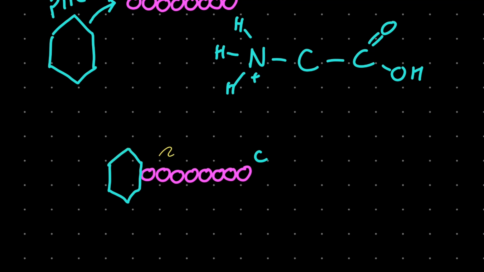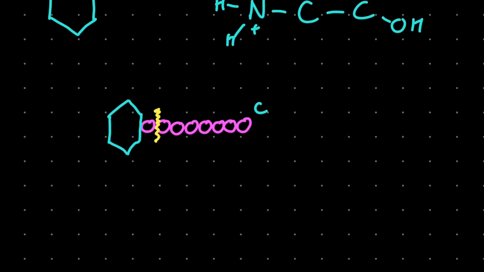When PITC binds to that first amino acid, it ends up weakening the peptide bond. Remember, peptide bonds are what connect amino acids together in a polypeptide. So PITC binding to the first amino acid weakens the connection between that first amino acid and the next one.